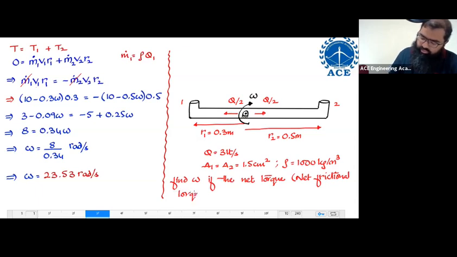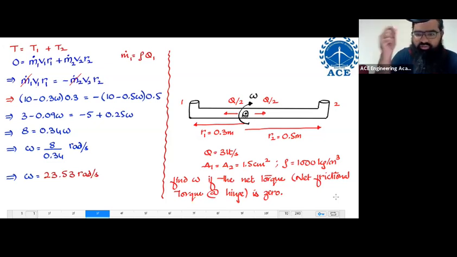Net frictional torque over here is equal to 0, or net resisting torque is equal to 0. These kind of words he can use over here. You're supposed to find out the value of omega. Just by the virtue of fluid coming out, this is going into some kind of rotation. Now, how do you find the value of omega over here?